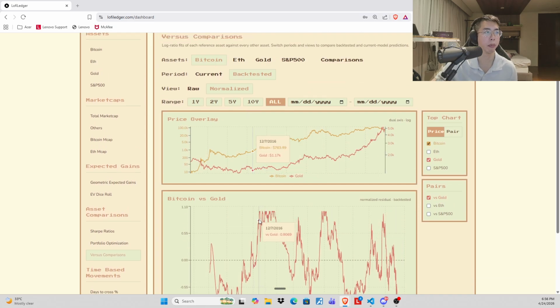Because for example, in 2016, this did flash, but the bull market wasn't over. There were other indicators suggesting that the bull market wasn't over, so it wasn't really the time to sell. But over here, a lot of those assets did flash that the bull market for Bitcoin is over. So switching might have been the better move, right? So that's how I approach this.